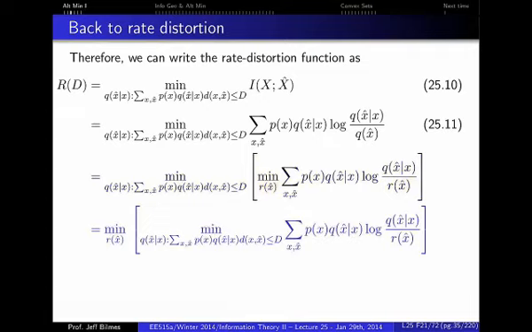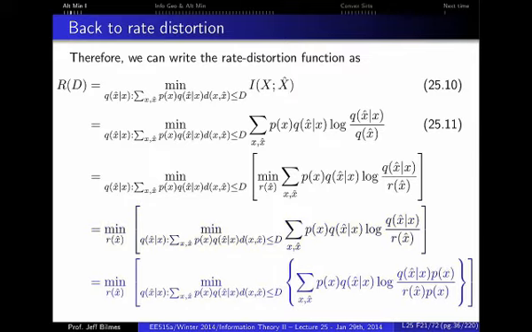What we're able to do, as I'll argue in a minute, is swap the two mins. And then you can see now that we've got two mins. We've got the outer min, the min over R of x hat. We've got the inner min, which is over these conditional distributions that satisfy a distortion constraint. And then we've got this other thing here.